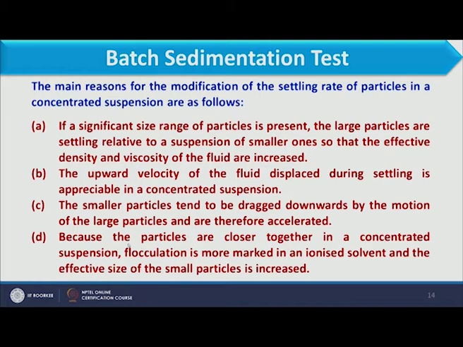And finally, the reason for the settlement is, because the particles are closer together in a concentrated suspension, flocculation is more marked in an ionized solvent, and the effective size of the smaller particle is increased, and therefore the settlement will be faster. So these are a few reasons which mainly affect the settlement of the particle.